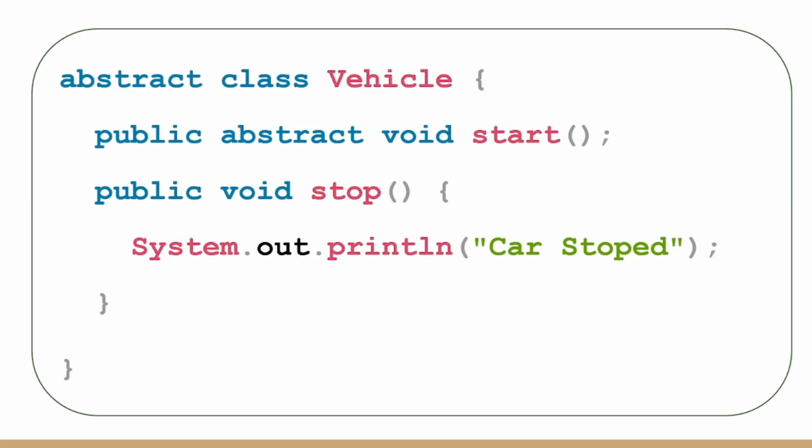As you can see, start doesn't have any implementation, but stop has some implementation, saying car stop. So a class can have both types of methods, either abstract or non-abstract.